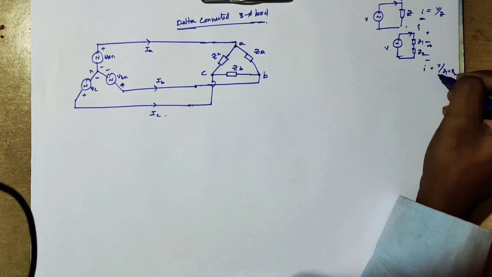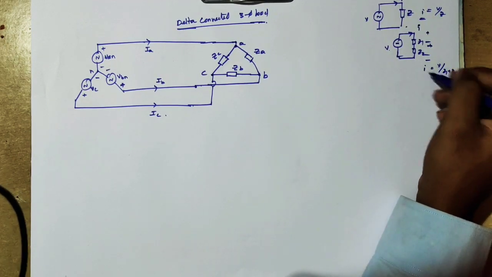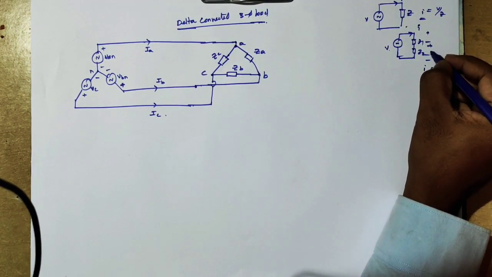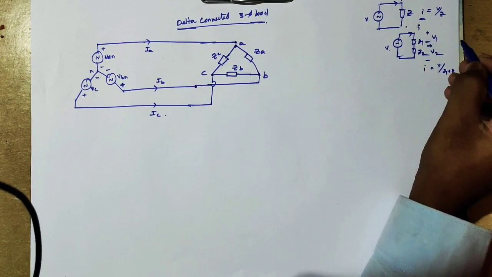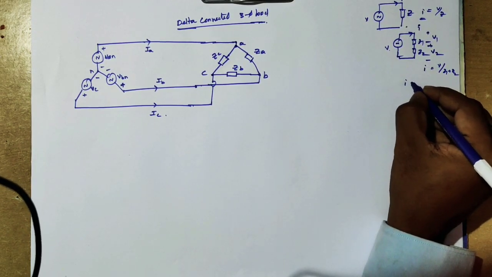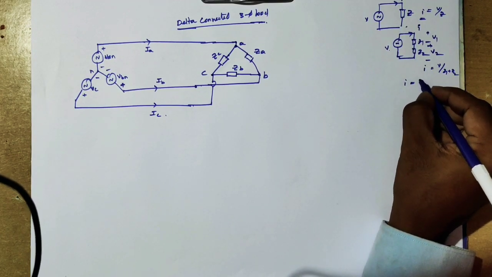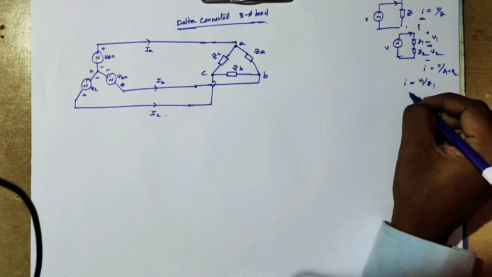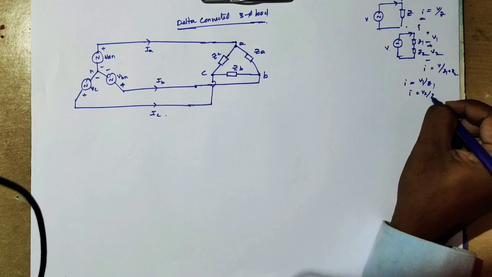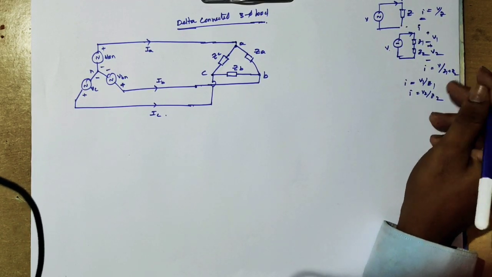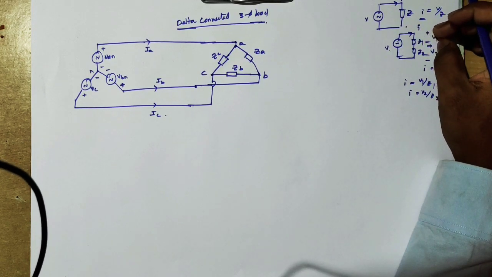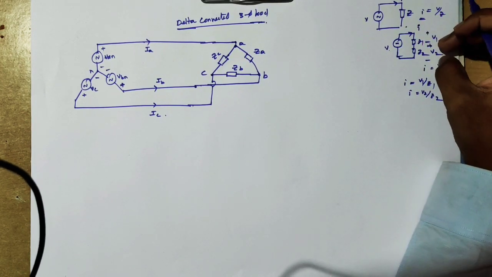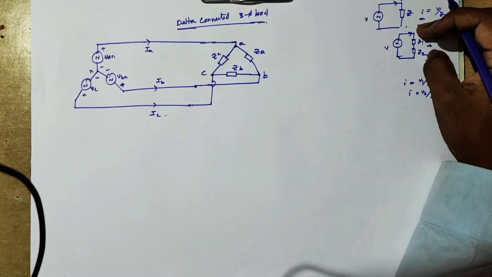But in spite of this, if you know the voltage across Z1 is V1, then I equals V1 by Z1, or I equals V2 by Z2. Anything is valid because the same current I is flowing. So V1 equals Z1 into I, and V2 equals Z2 into I.